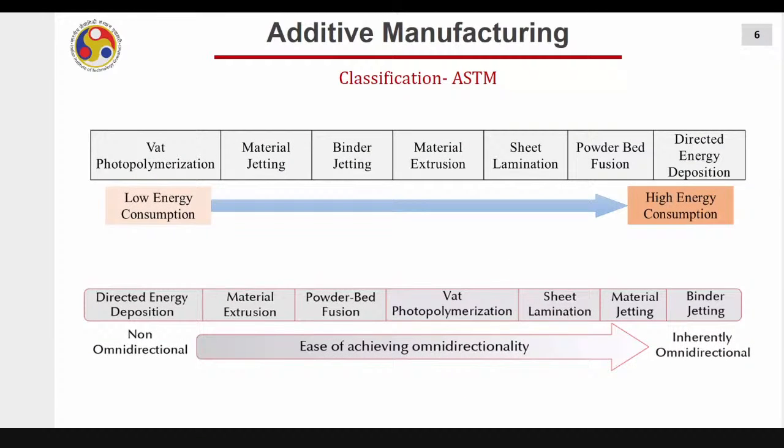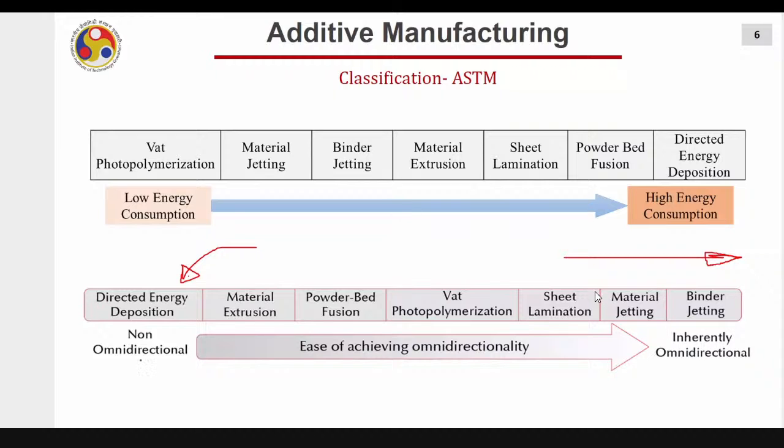Instead of having wet photopolymerization on the left side, which is the least energy required, and directed energy deposition on the right side, which is the highest energy required, I'm going to reshuffle them in such a way that the left ones are really non-omnidirectional processes and require some additional arrangements to become omnidirectional, and the complexity level is very high on the left side. While on the right side, the processes are inherently omnidirectional and do not really require any additional arrangements to make them omnidirectional. What omnidirectional is and how it works, I'll discuss. But this is the arrangement of these 7 processes.